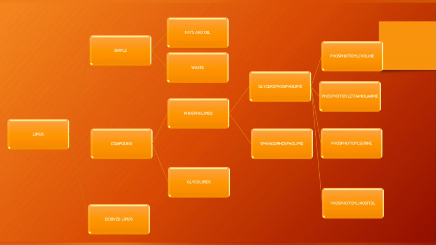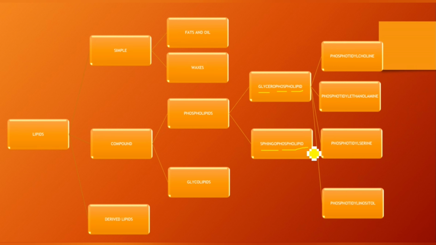So, as we can see here, the name indicates glycerol. Glycerol means a carbohydrate molecule. Phospho means a phosphate group and a lipid molecule. So, glycerophospholipid. Next, sphingophospholipid. From sphingophospholipid, we can see sphingosine is an amino acid. Phospho means a phosphate group and a lipid molecule attached to them.